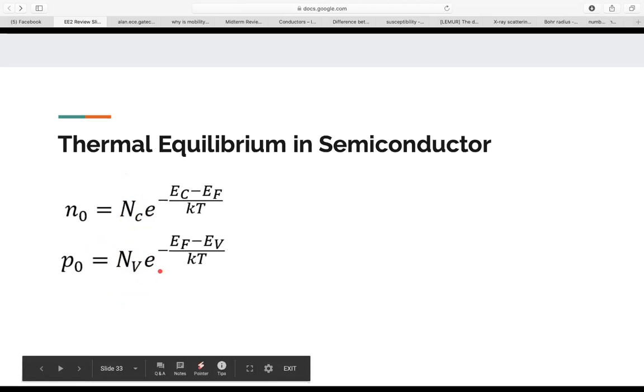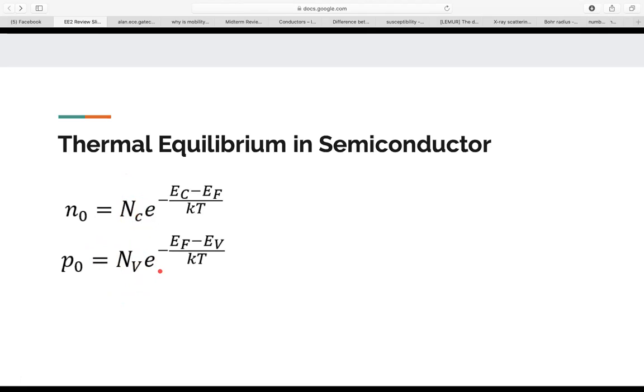NC and NV are the effective density of states. When you plug in all the equations, you can plug in those constants, and you can look them up for silicon and germanium. I think it's something like 4.4 times 10 to the 17 for NC in gallium arsenide, and 8.9 times 10 to the 18 for NV in gallium arsenide as well.